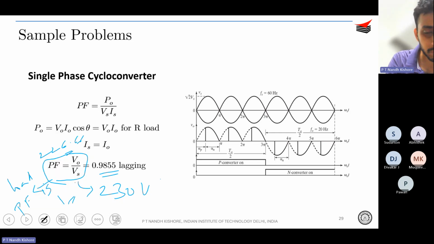Your output current is also going to follow your output voltage. It will be something like this. So this is how your output current is going to look. Just trace this current back from the source and you will get the answer.